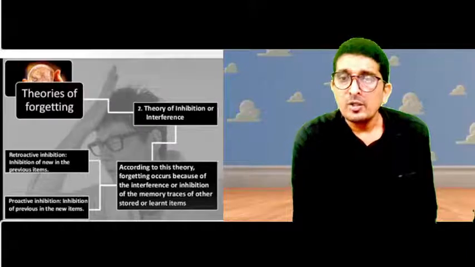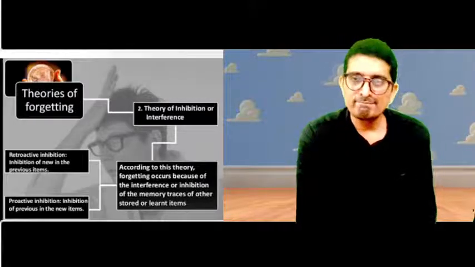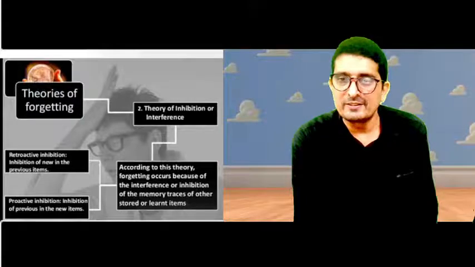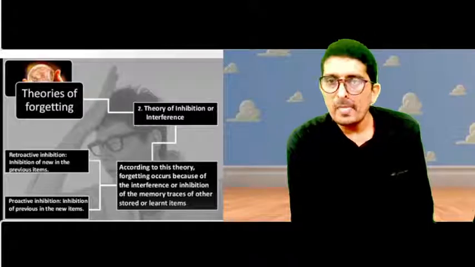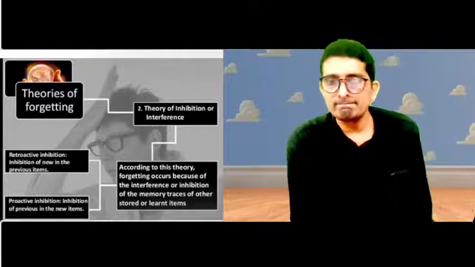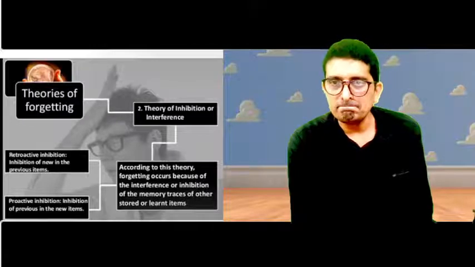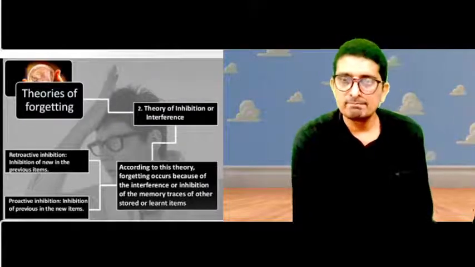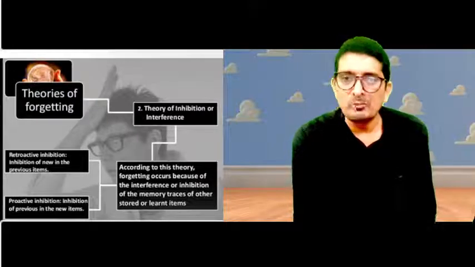See, if there is an instrument now, a horn, we will look at it, right? But when we purchase a new item, we will put the old item in a corner, and we will be forgetting about that item.